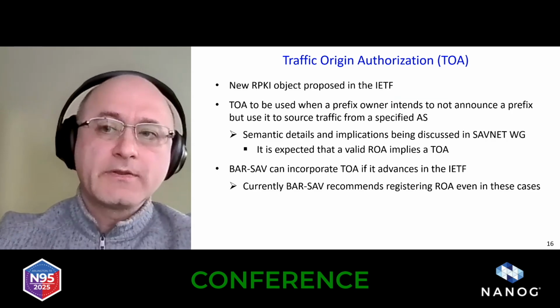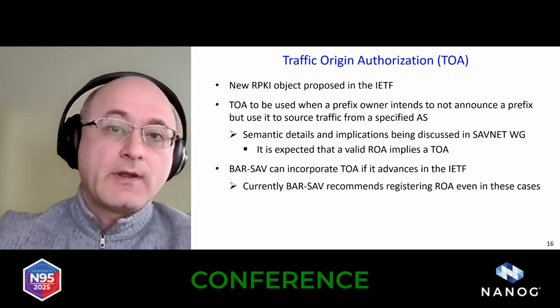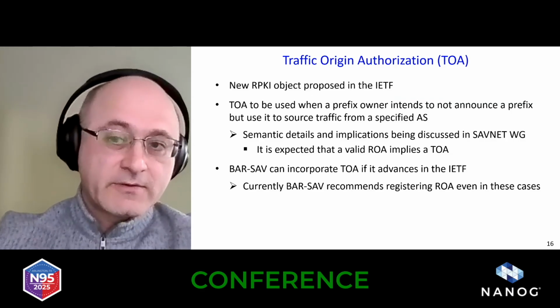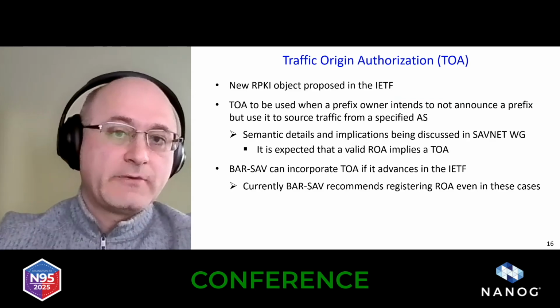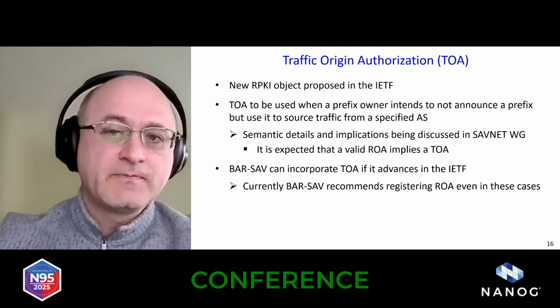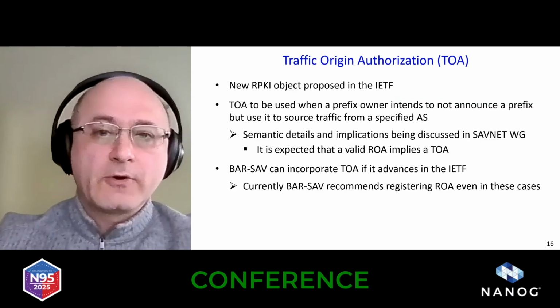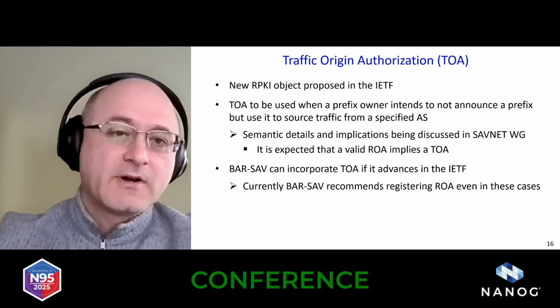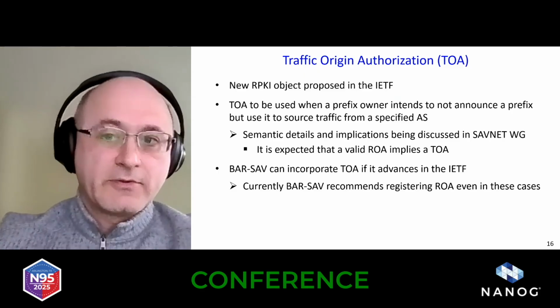This is right now work in the SIDROPS working group. If it does advance into an RFC, it will be very easy for BAR-SAV to incorporate this source of information. Of course, before TOA is a thing, we recommend using ROA instead.